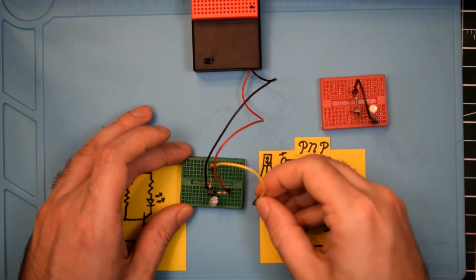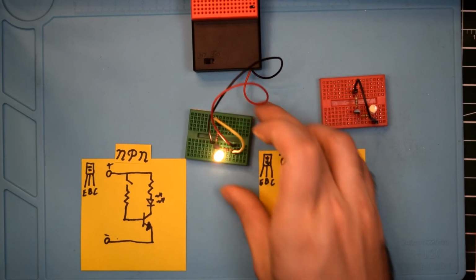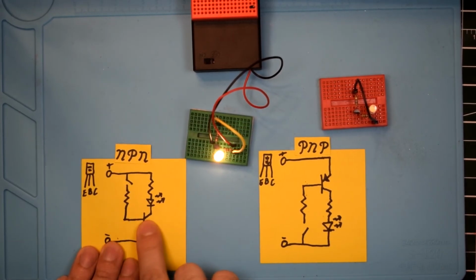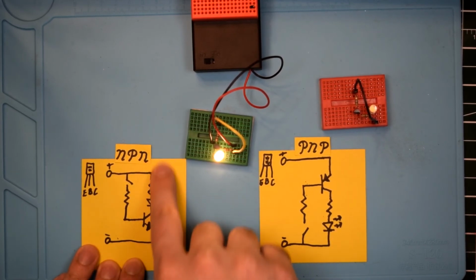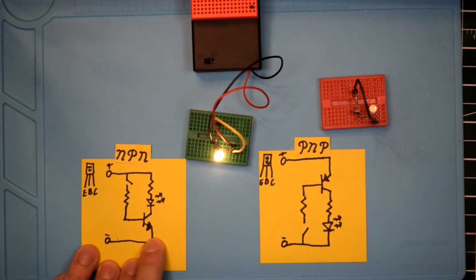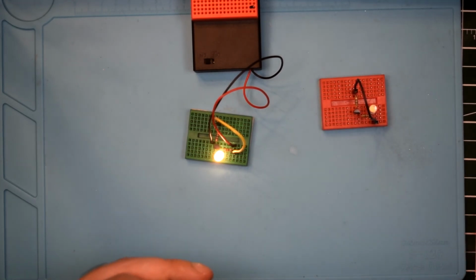So we'll put the base on the positive rail, and again the LED pops on because we're inducing a current from base to emitter, and then from collector to emitter the transistor is now conducting. Anyway, just a quick exploration into transistors there.